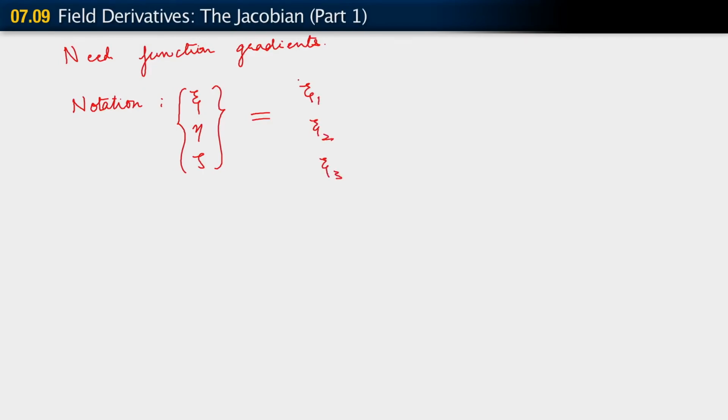This is exactly the way in which we are writing our physical coordinates as well. Just as we say x, the physical position of a point, is x1, x2, x3 in terms of its physical coordinates. This is going to save us some space and give us a briefer notation as we get further into the development of the weak form. It's going to be immediately clear why we need this sort of thing.